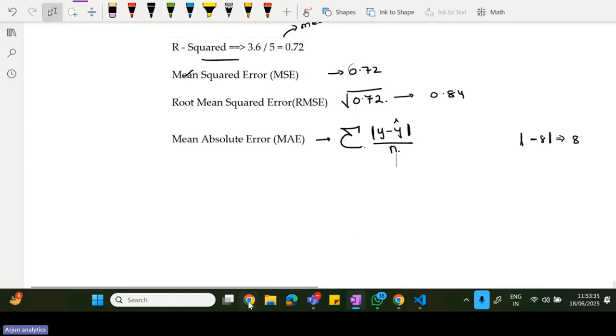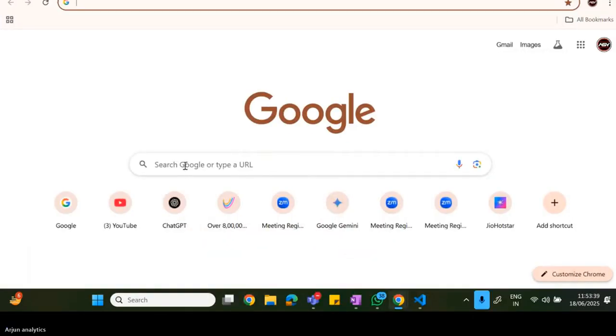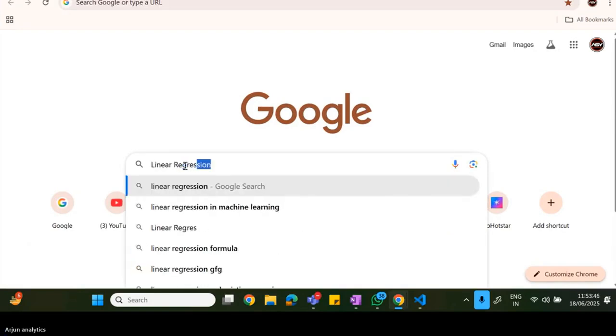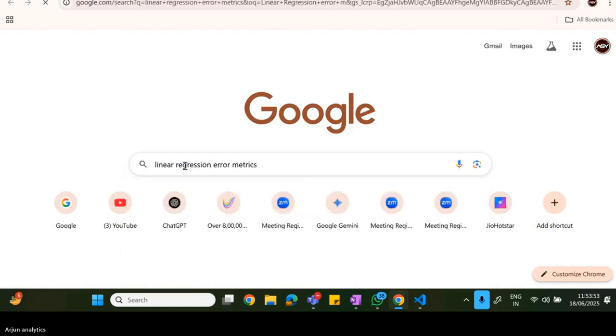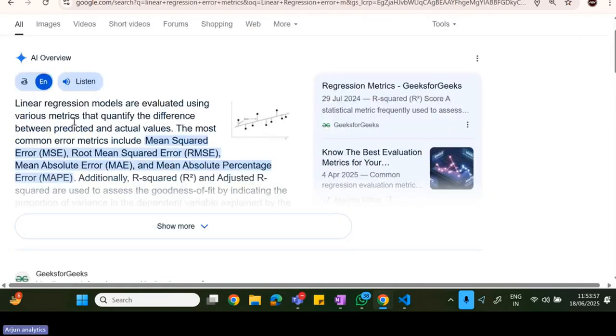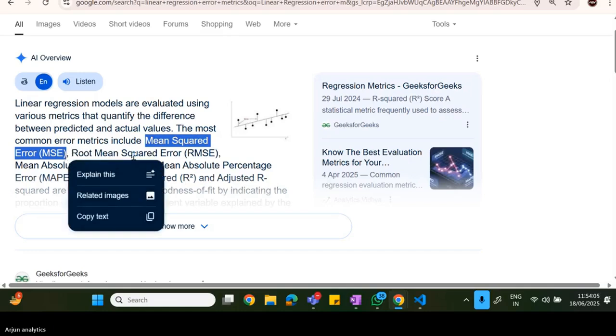Now I wanted to quickly show you here. Okay, linear regression, error. Now here you can see it very clearly. That's one: mean squared error, MSE.